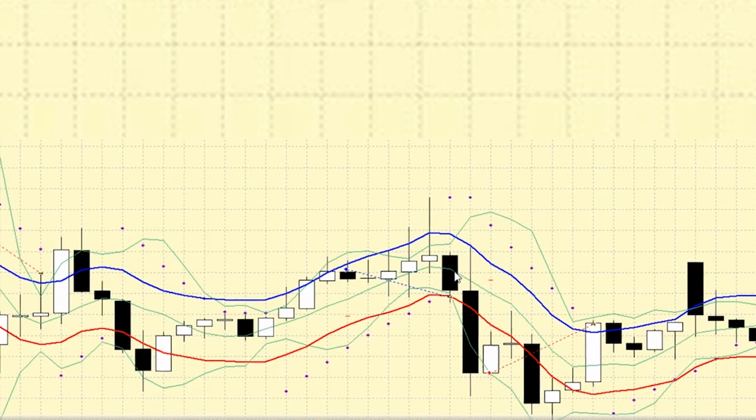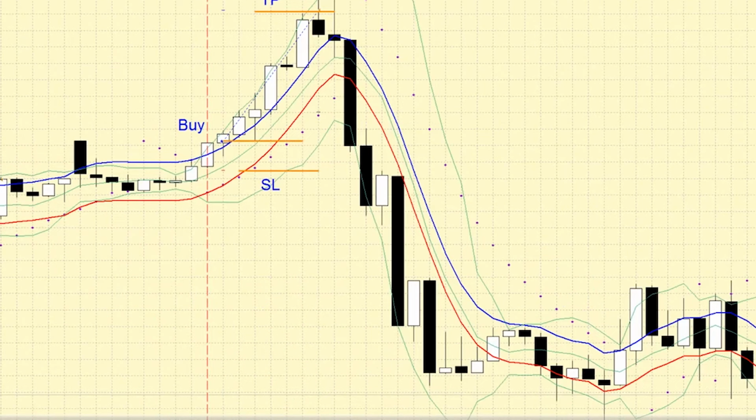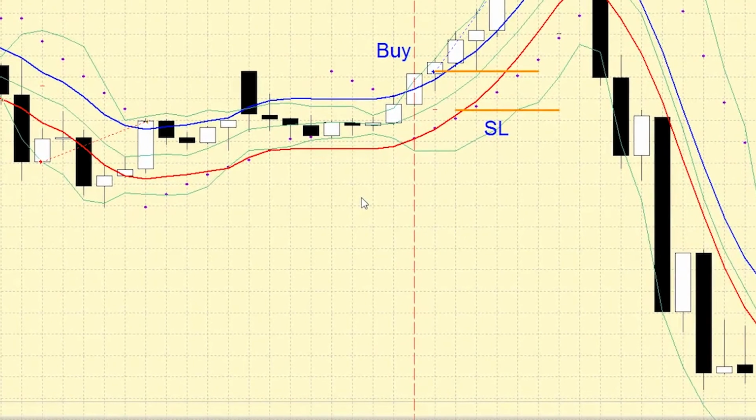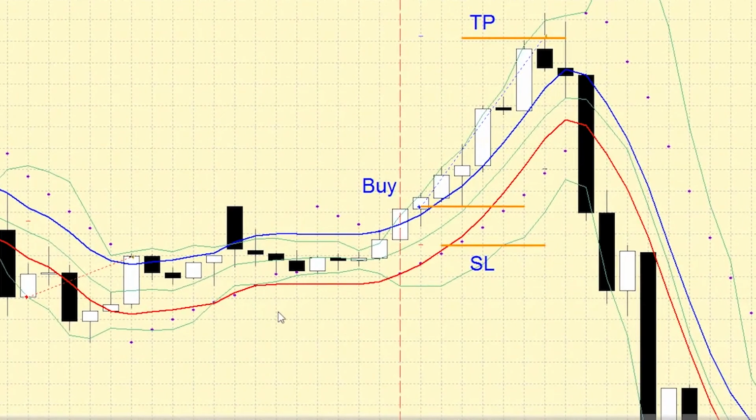Now let's look at the option for making a deal, that is, the conditions for making deals and the order parameters that need to be set first of all. We find the options in which the Bollinger indicator is inside the Envelopes indicator.